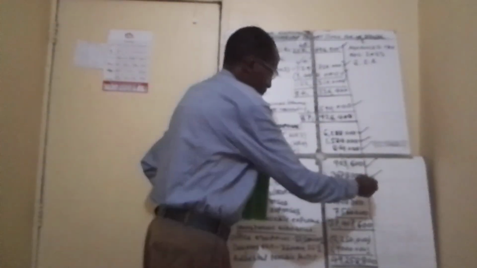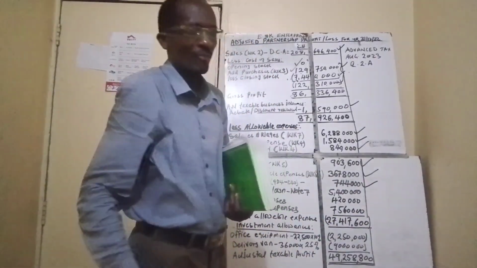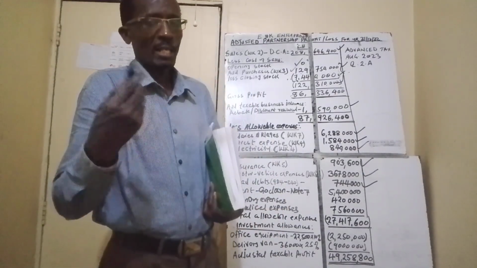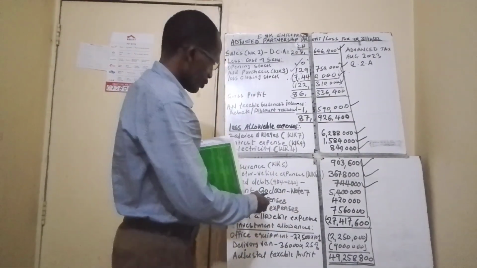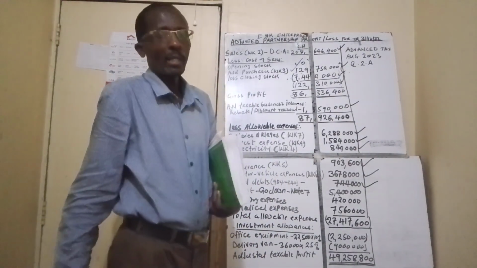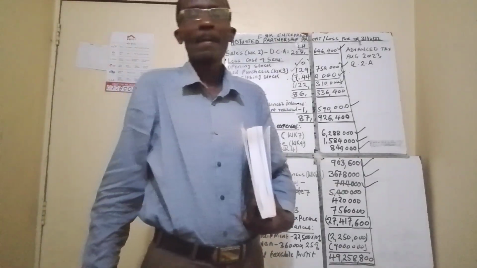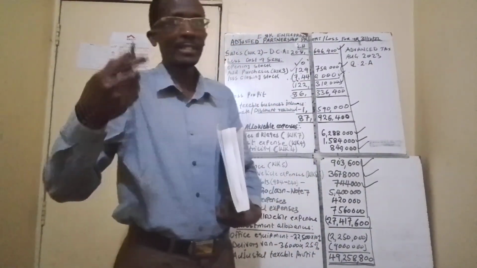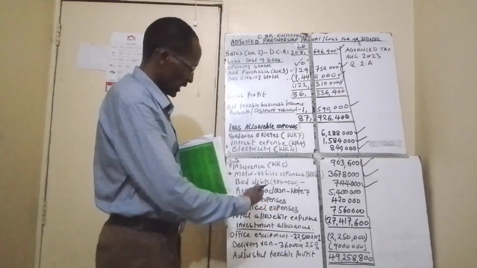So the bad debts, if they are specific in this case, and as assumed, because we say that bad debts which are allowable are those which are specific. Specific bad debts are allowable. General bad debts are disallowable. So I wanted to be left with trade or bad debts relating to sales alone.